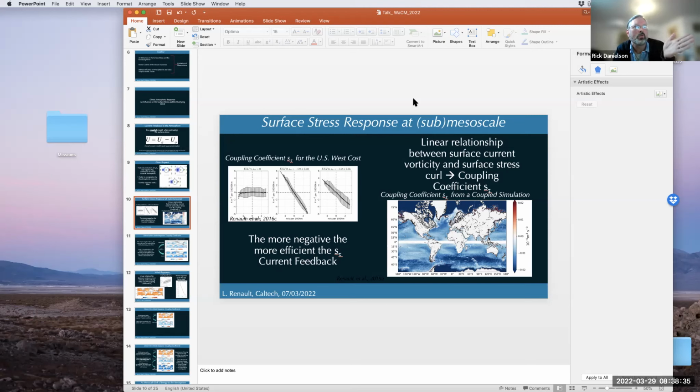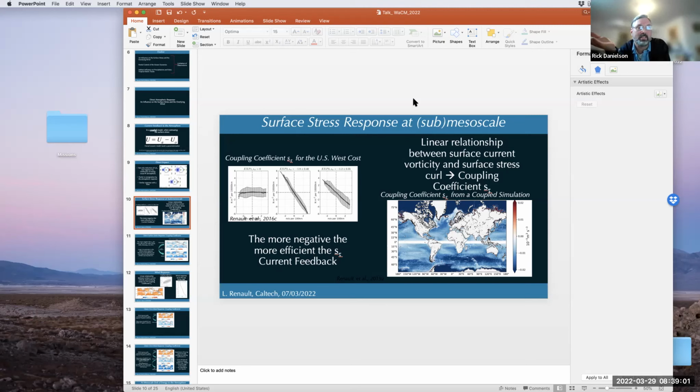So what we're trying to do is refine the estimates. Your initiative seeks to refine the coupling estimate, as do other groups trying to refine the coupling estimates.